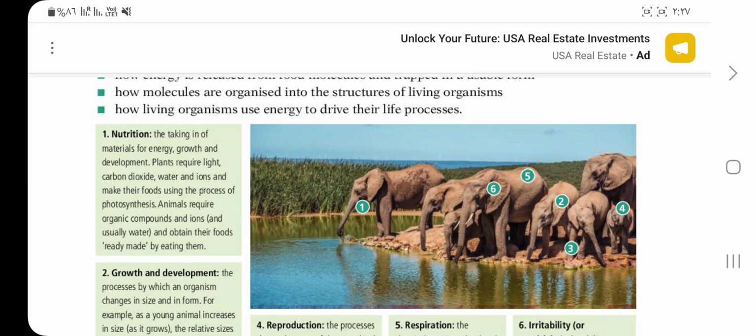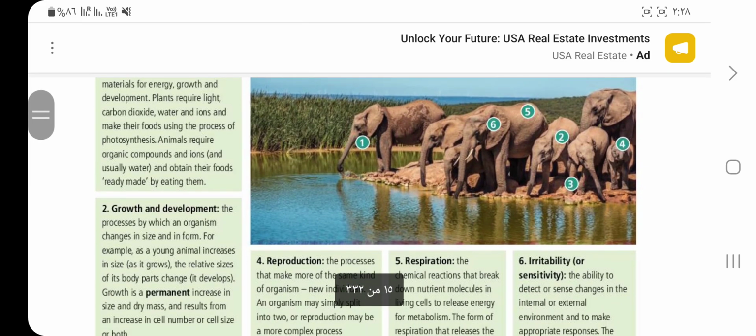Do plants take their food ready-made? No. Plants make their own food by a process called photosynthesis. And for photosynthesis, you should have light, carbon dioxide, water and ions to make their own food.